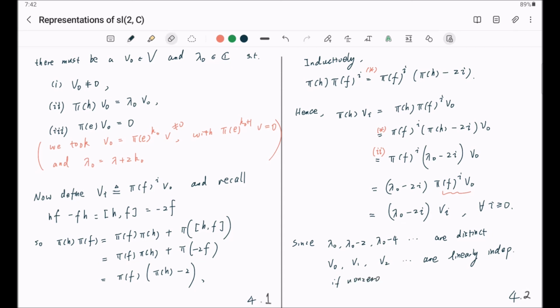And I should emphasize this is distinct in C. C has characteristic 0, not 2.